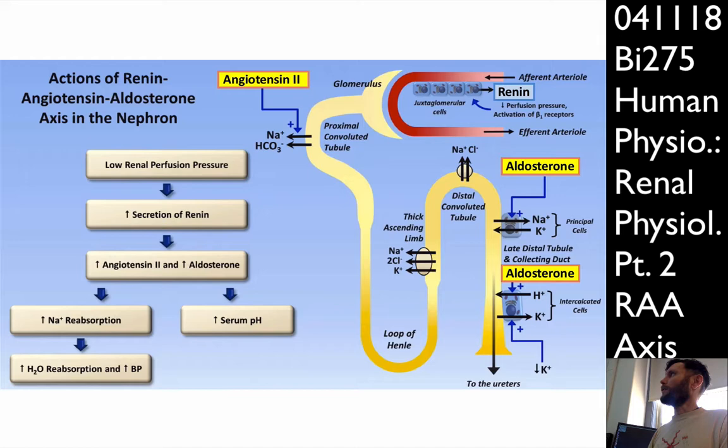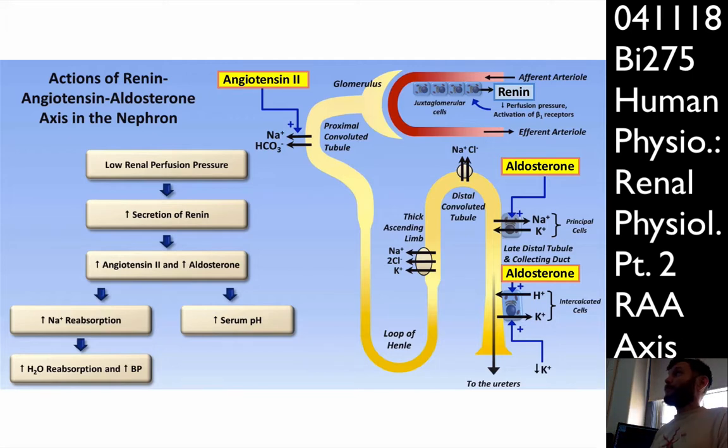So let's walk along the nephron and see how this happens. We have the juxtaglomerular cells that, under the direction of the macula densa, will produce renin. That leads, through all the pathways I showed you, to angiotensin II and aldosterone. This should be aldosterone; I need to fix that.